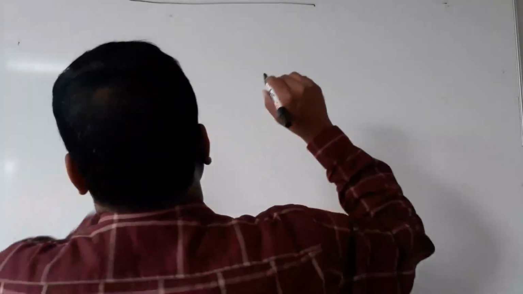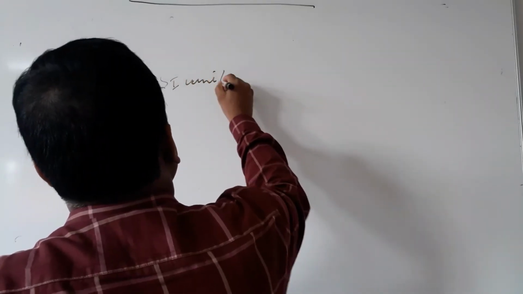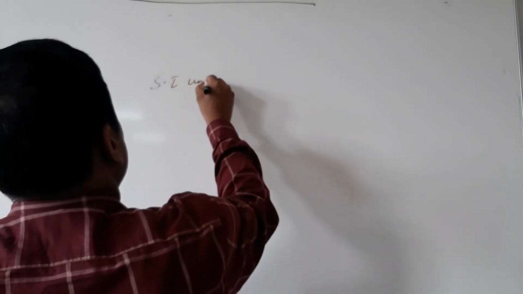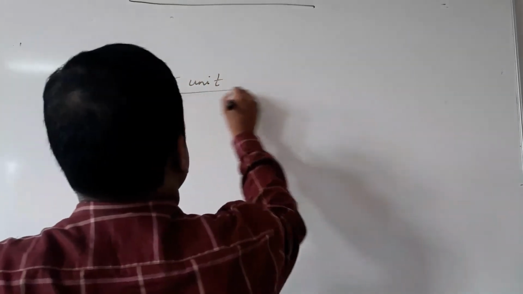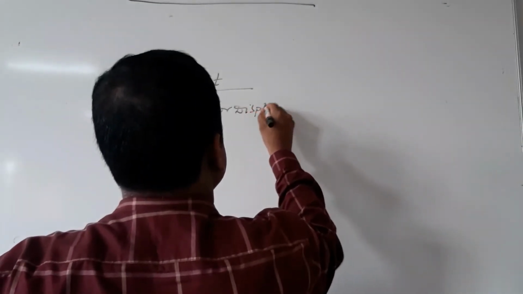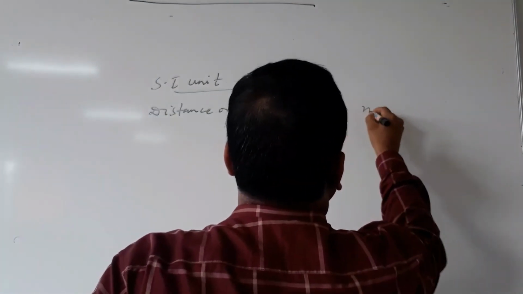Next topic, SI unit. SI unit of distance or displacement is meter.